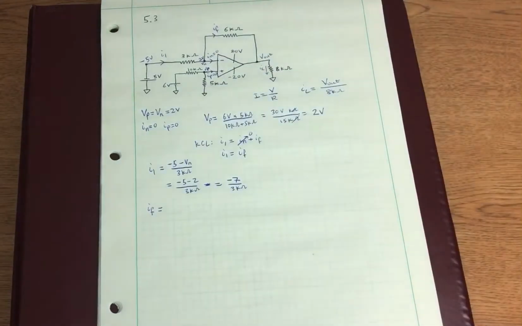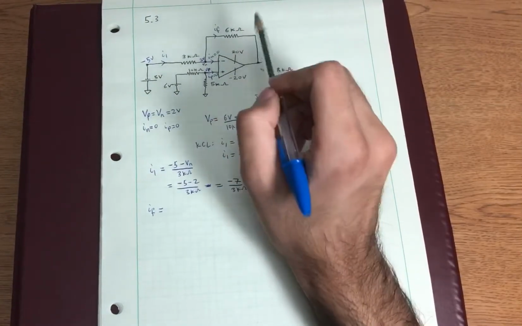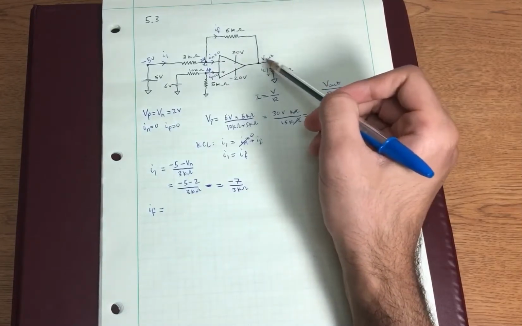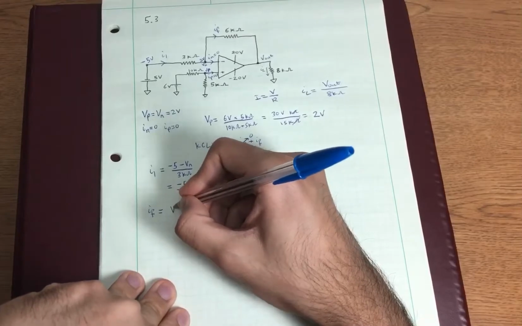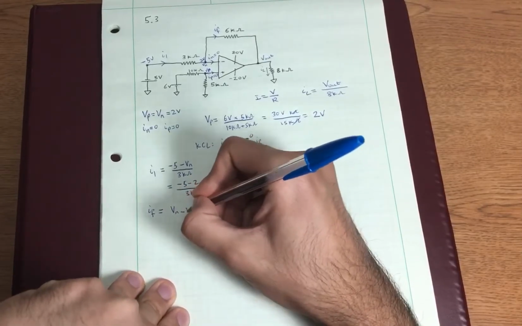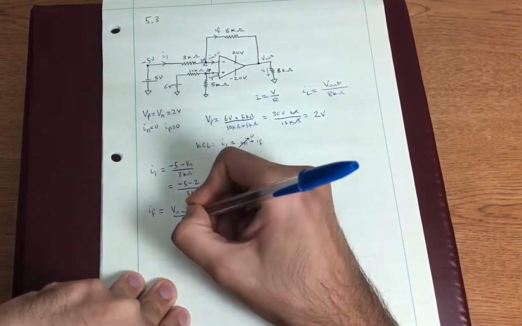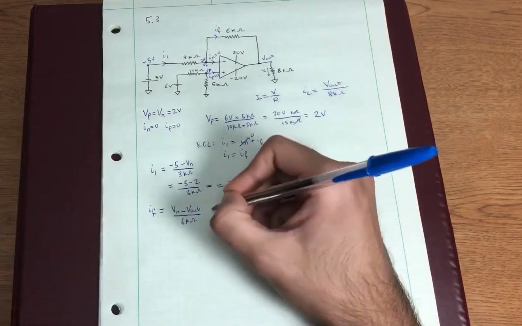Again, we apply the same concept. We know the voltage across this 6 kilo ohm resistor. We know that one end is going to be Vn, and one end is going to be V out. So we can say Vn minus V out over the resistance 6 kilo ohms is equal to IF.